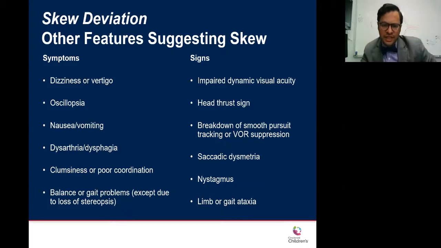Clinically, what you can see is saccadic dysmetria. You can see breakdown in their smooth pursuits. Nystagmus is quite common. If you look closely, you can see a vertical or torsional nystagmus come in. And clearly they have ataxia issues.